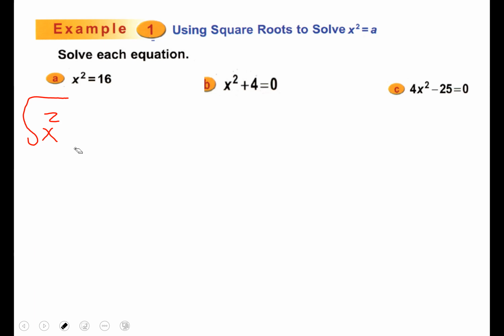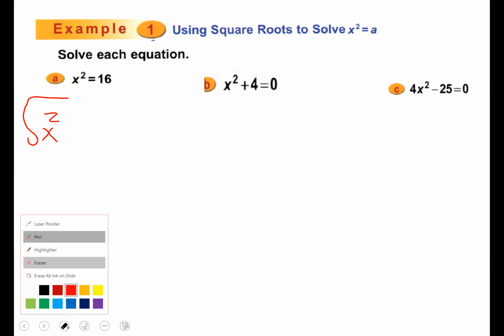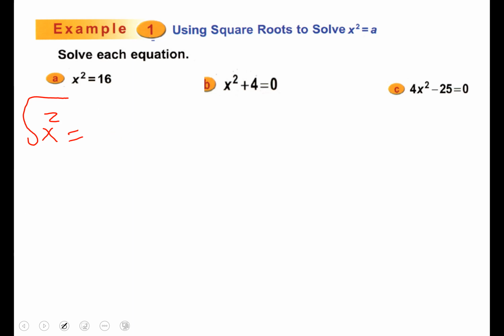Equals plus or minus, as a rule, guys, square root of 16. And here, guys, you can cancel out the power of 2 with the radical expression. What's left? x. And since you want to find the value of x, don't forget the plus or minus.